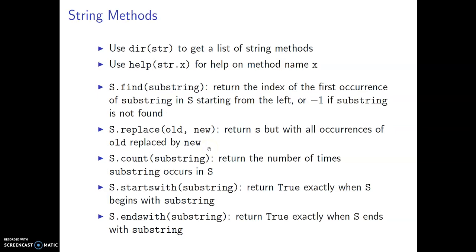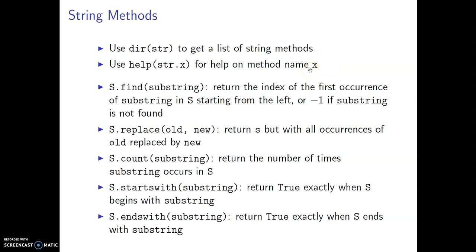So let's move on and think. Okay, so you can use dir(string) to get a list of all the possible string methods. Let's do that in class just to look at together. Help(string.x) to get help on whatever your method's called.